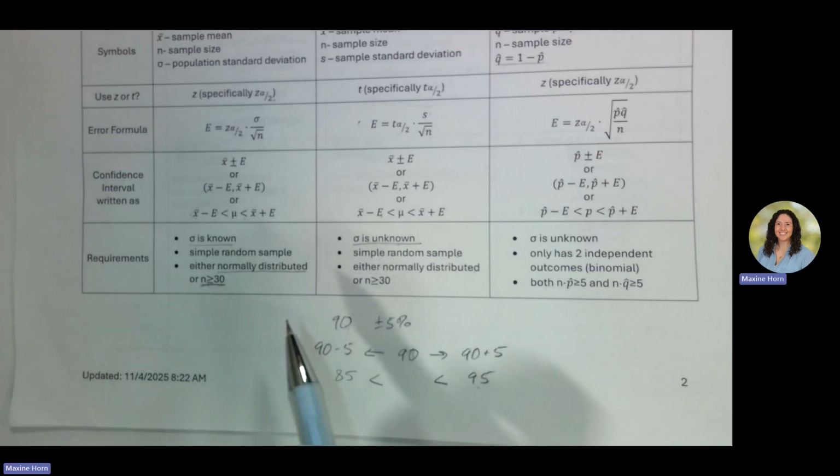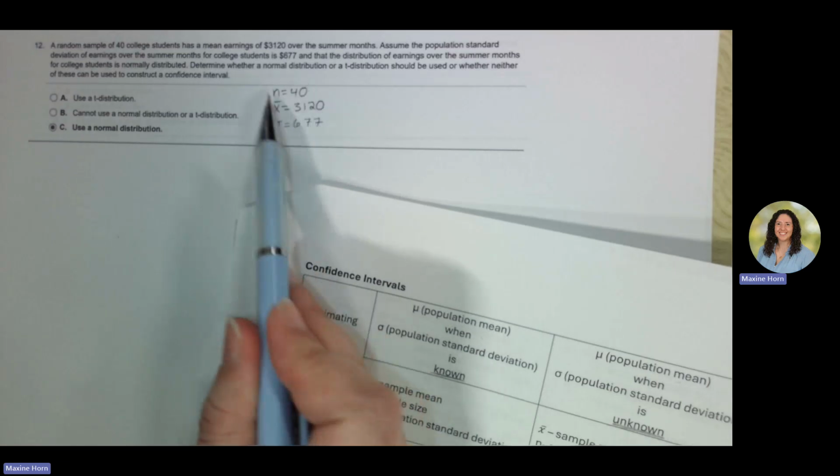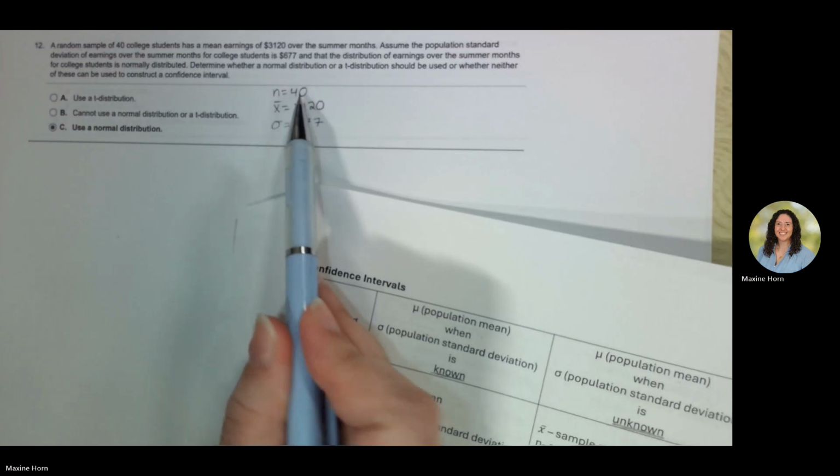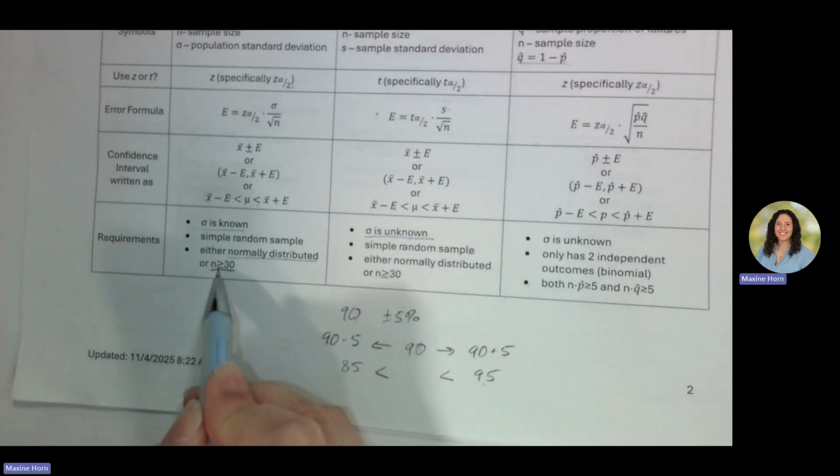Sometimes you don't meet the requirements. That does happen in some of the problems that you're given, and you would have had to say, oh, I can't use either if my sample size was less than 30 and if it wasn't normally distributed, right? Because it needs to be one of those.